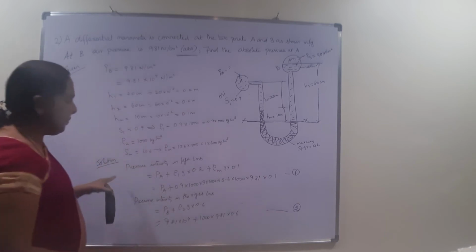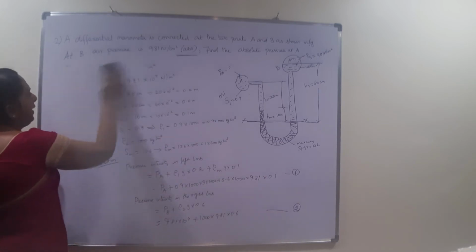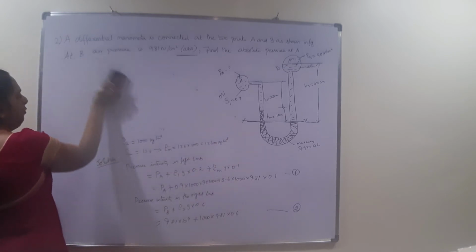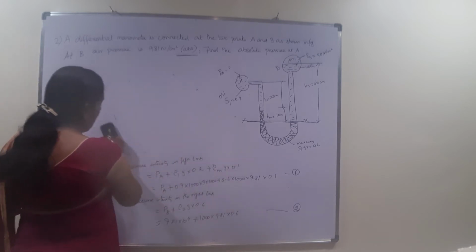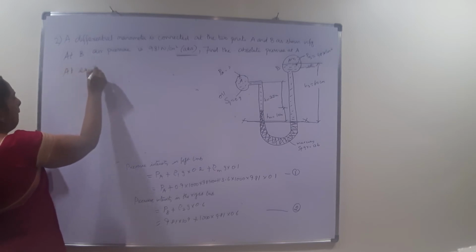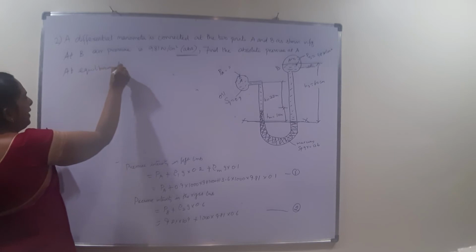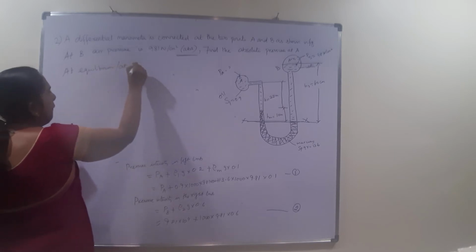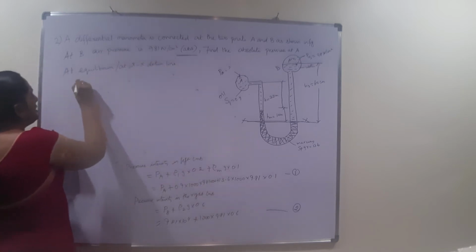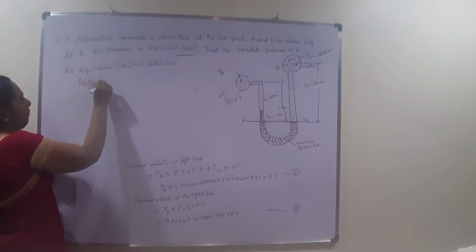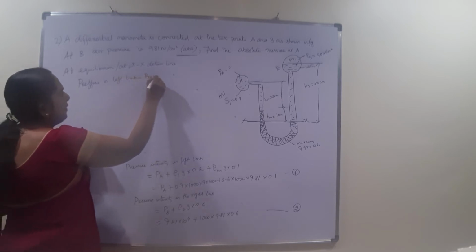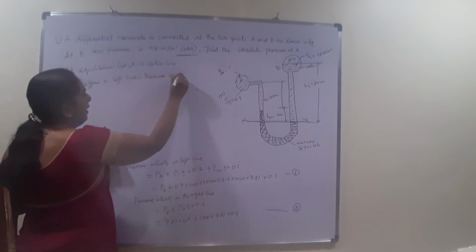So what is our concept? At XX, that is at the datum line, the pressure in the left limb is equal to the pressure in the right limb. So I am writing this: at equilibrium, or we can say at the XX datum line, pressure in the left limb is equal to the pressure in the right limb.